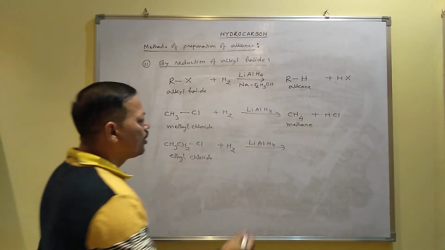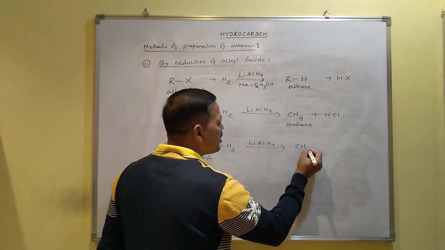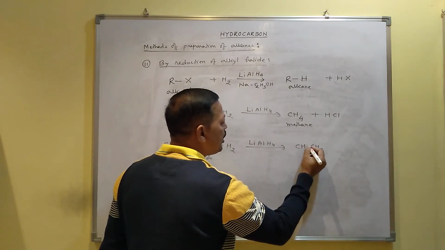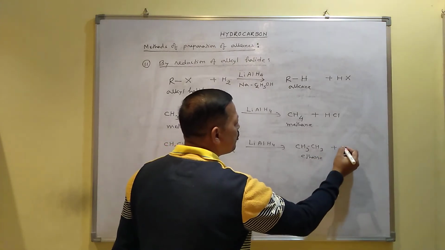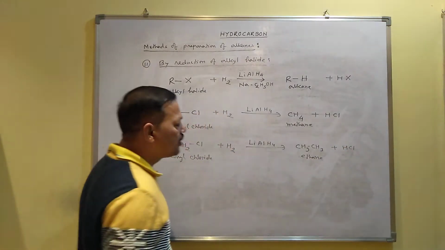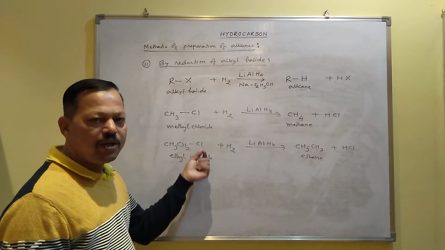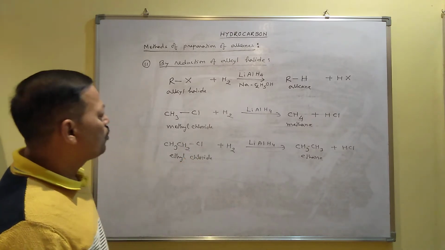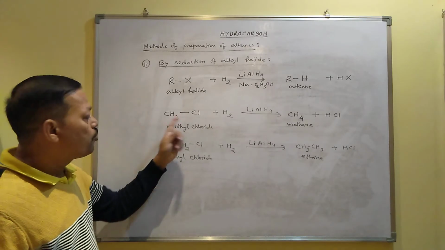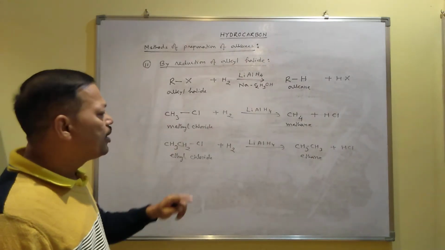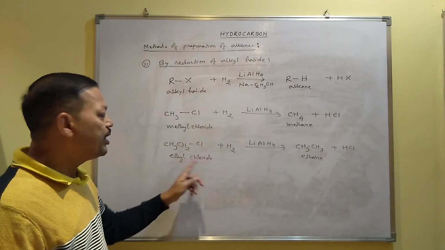Same method, then it will convert it to C2H6, which is called ethane, and side product will be HCl. You can take halogen as bromine, iodine also. So if you want to prepare methane, then you have to take one carbon here, chloromethane, I mean methyl chloride. If you want to prepare ethane, then you take ethyl chloride.